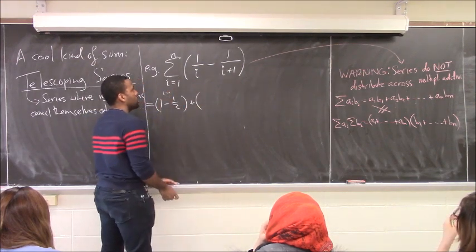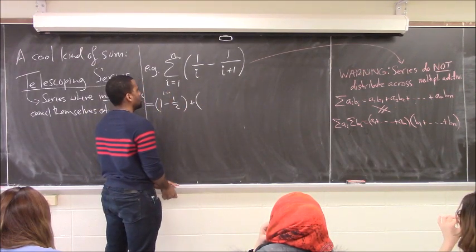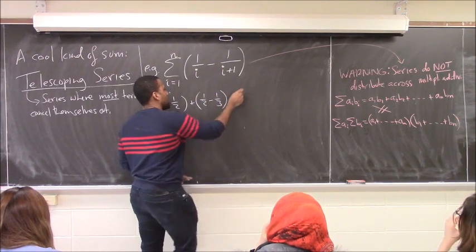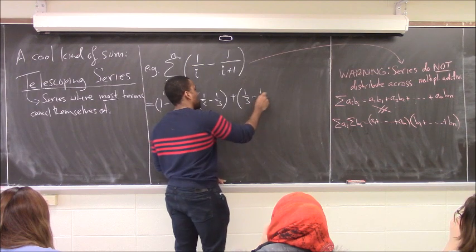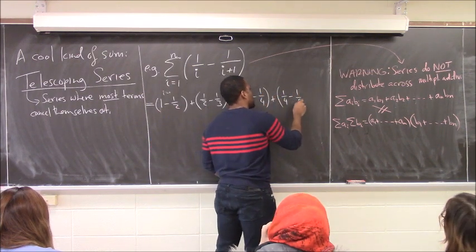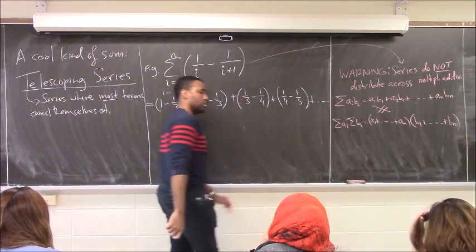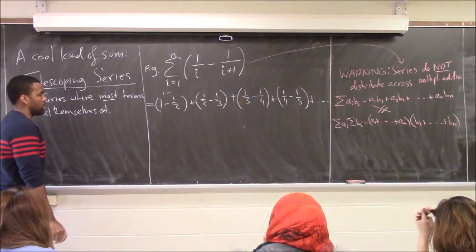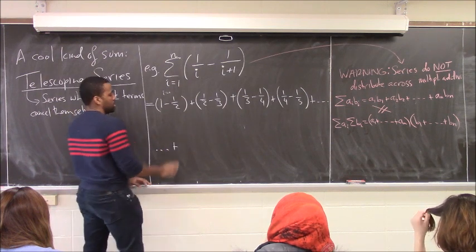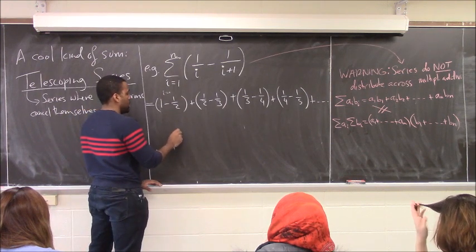When i equals 2, what would you get? 1/2 minus a third. Next term would look like a third minus a fourth. Next term would look like a fourth minus a fifth. Dot, dot, dot.